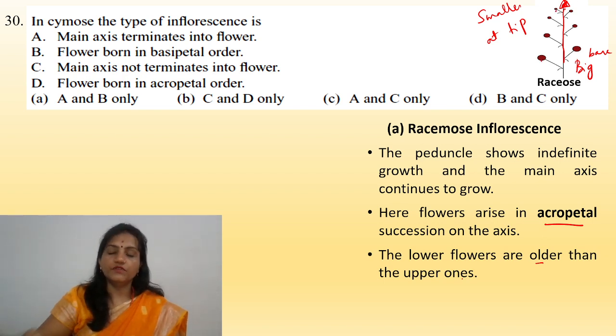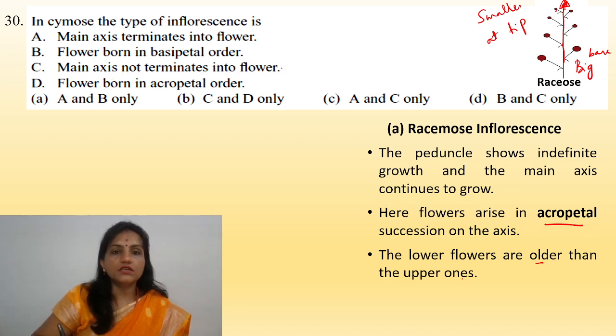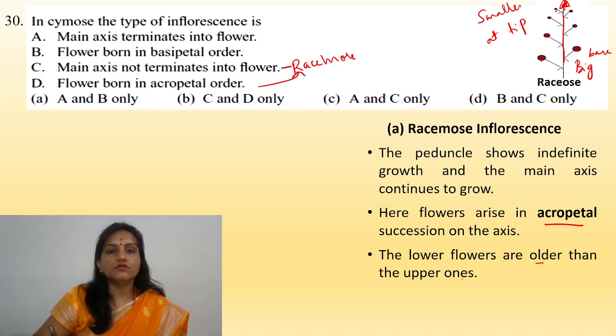We do have one more, cymose. Let's understand it later on. Main axis terminates into flower. Flower borne in basipetal order. Main axis not terminates into flower. This is with respect to racemose. Flower borne in acropetal, this is also racemose. So cymose inflorescence, that is A and B only.